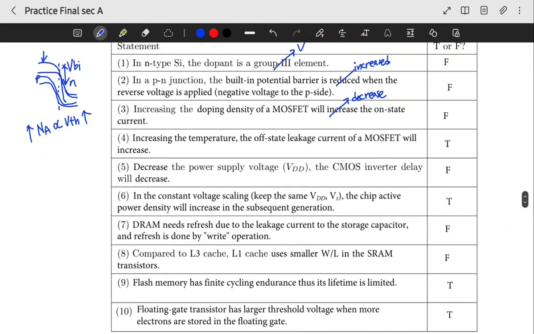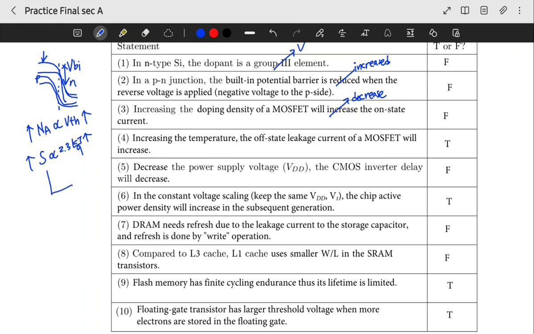Number 4, increasing temperature, the off-state leakage current of the MOSFET will increase. You can use the off-current equation, or you can use S, which is proportional to 2.3 kT over q. This is the inverse of the slope. So as we increase T, we increase S, which means we decrease the slope.